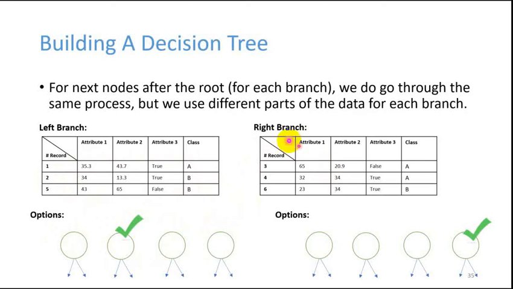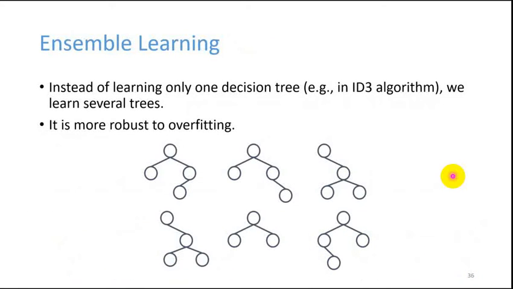And we do the same thing for the right branch as well. So we continue this process until we reach the leaves, and sometimes we can have some ending conditions for this process in the algorithm.